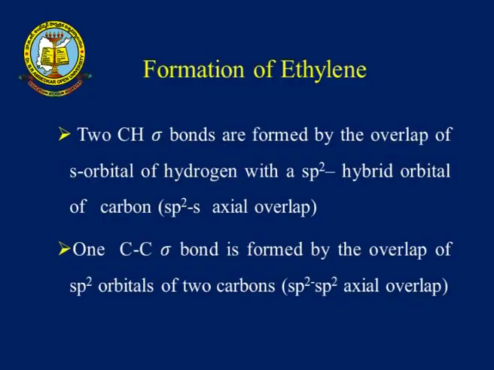Another sp2 orbital overlaps with the other carbon's sp2. So one sigma bond is an sp2-sp2 overlap and the remaining four bonds are sp2-s overlaps. Total five sigma bonds are present in the ethylene molecule.